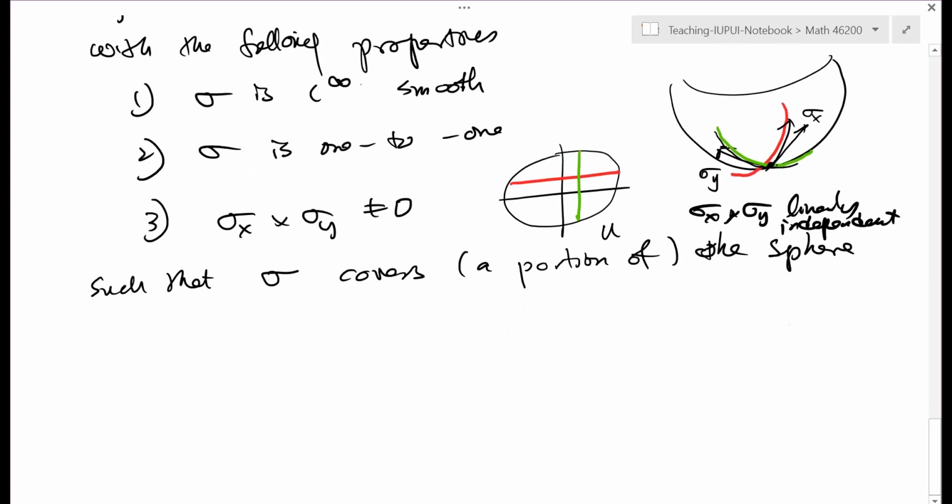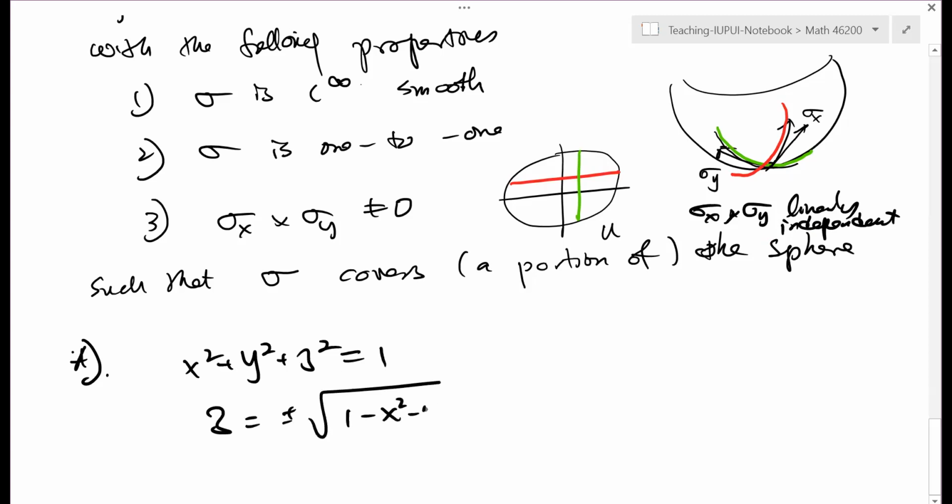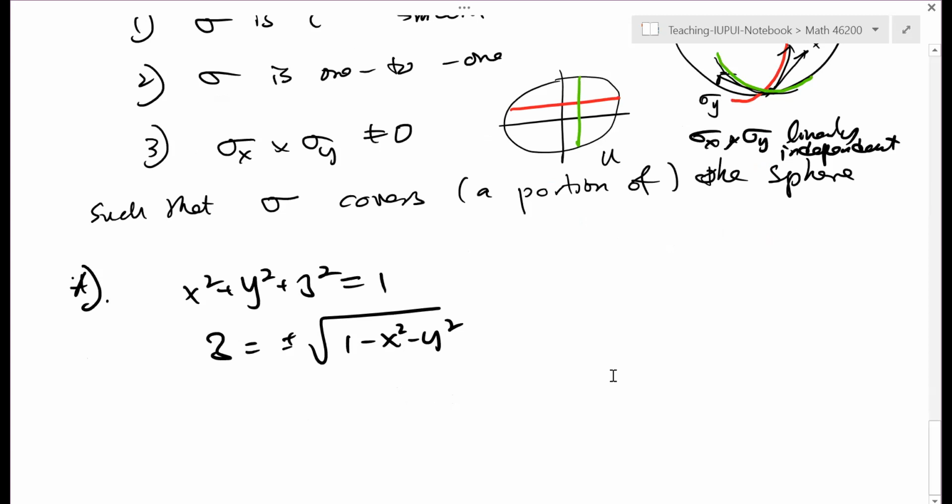So let's see, how do you find it? The very natural one, I think, I can try this. I look at this equation and I solve for plus or minus the square root of 1 minus x squared minus y squared. That gives me the upper hemisphere, and the lower hemisphere will be the graph of two different functions. I call them f plus and f minus of x, y.